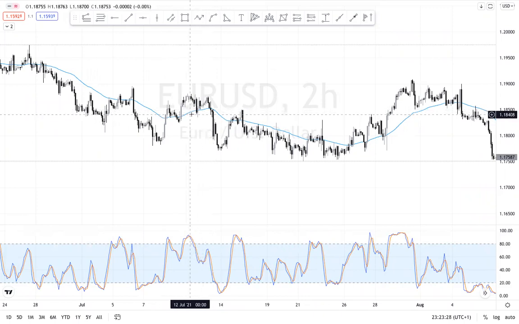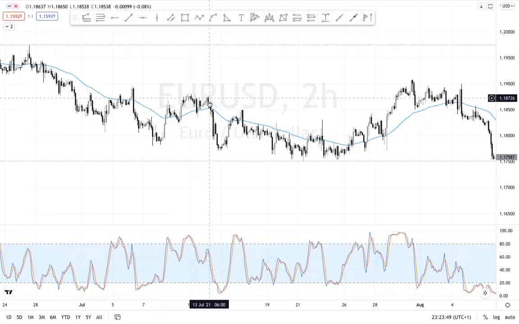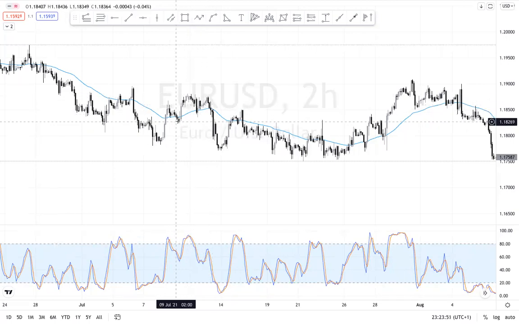So this is a structure here, but this is not a key structure. This structure here is not a key structure. This is the only key structure I'm seeing here. Why? Because it took out this high. This structure didn't take out this high, so price came down and reacted to this structure here.